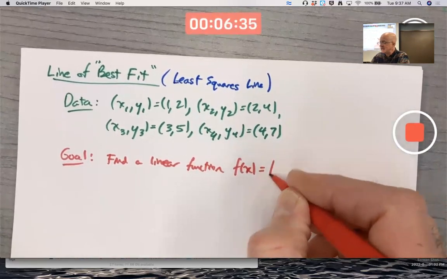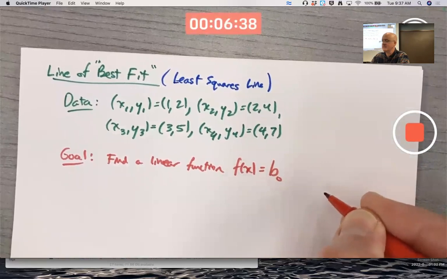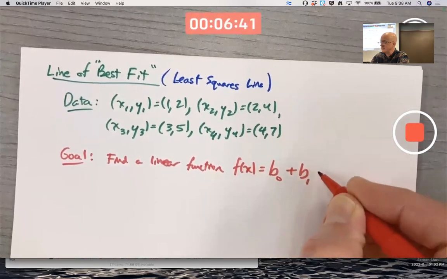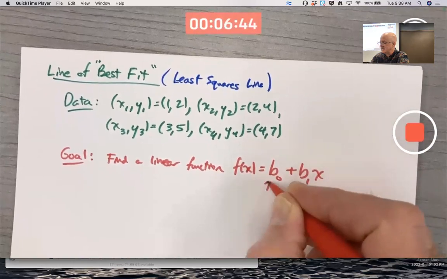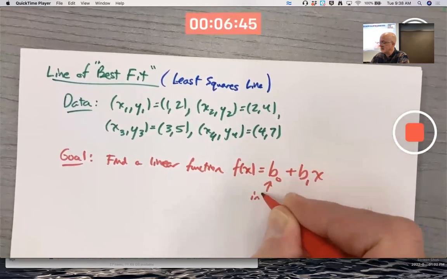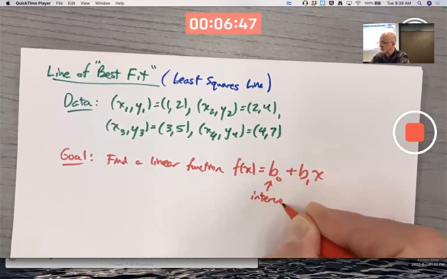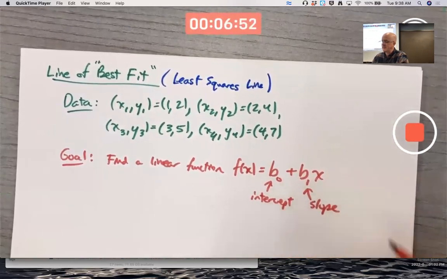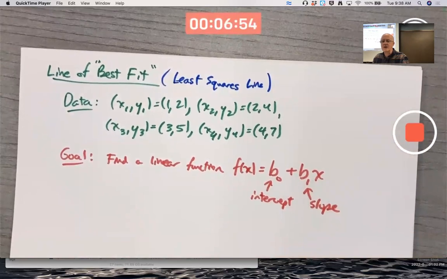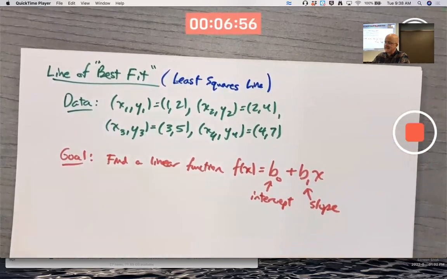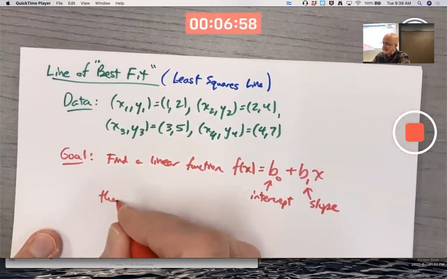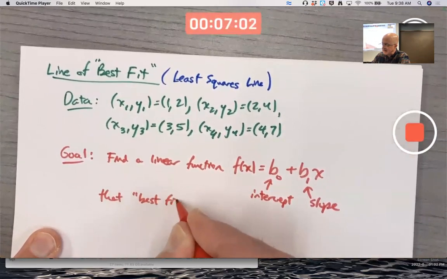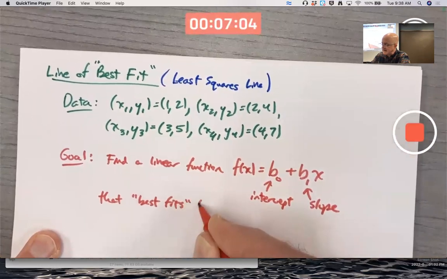We use b sub 0 for the intercept and b sub 1 for the slope. So b sub 0 is the intercept, and b sub 1 is the slope. We want to find a linear function like that, that best fits, in quotes again, the data.